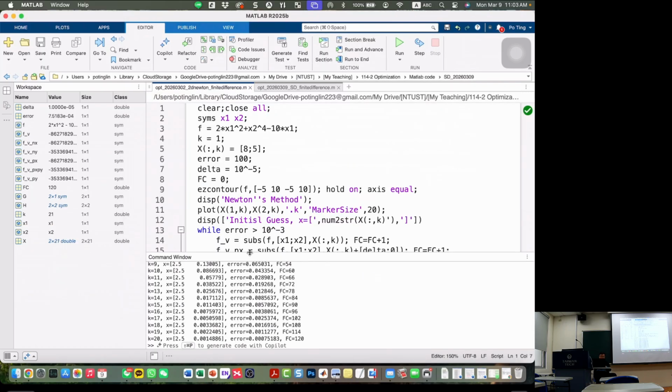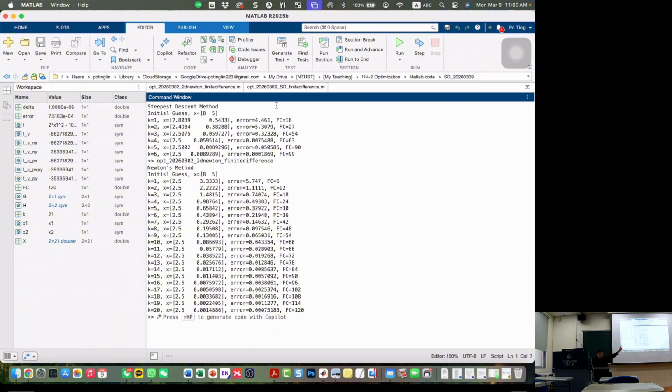From here you can compare. Steepest descent, 0.008. Newton, 0.001. So Newton is more accurate. 99 function calls for steepest descent, 120 for Newton. Same problem, two different methods.